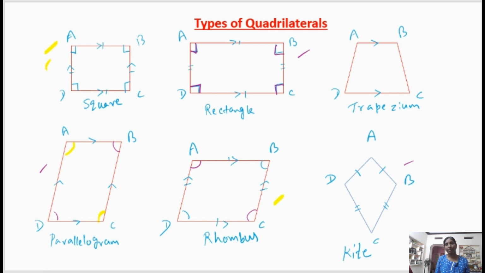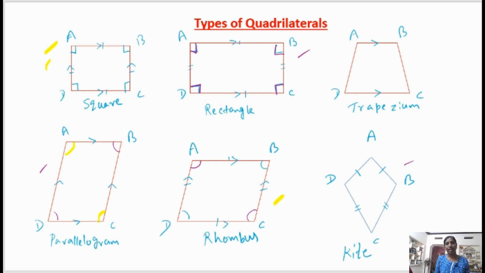So what about the trapezium? A parallelogram is also a trapezium. Why? Because in a parallelogram, two pairs of opposite sides are parallel. It means one pair is necessarily parallel.